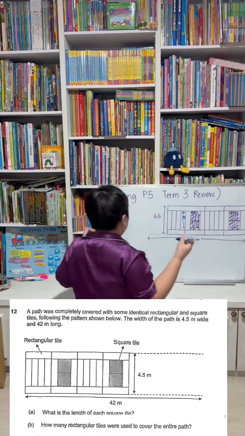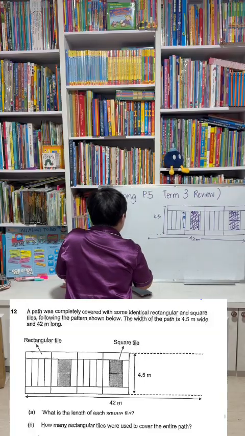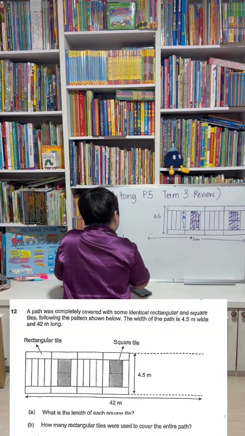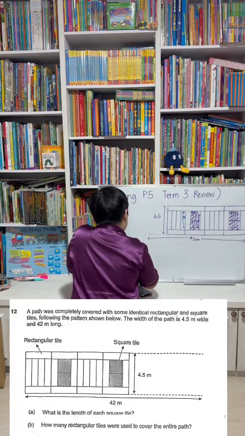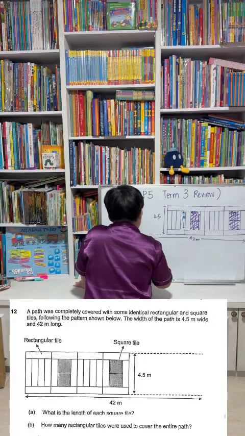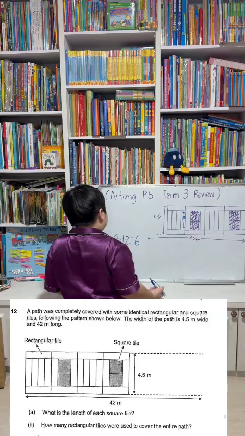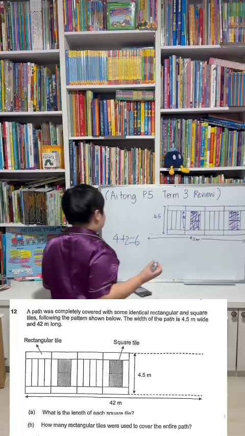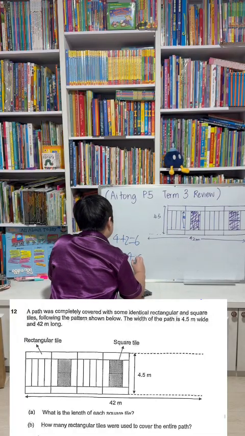So we can find how many units is this 4.5 by doing 4 plus these 2 over here equals 6. Okay, so that means that 6 units equals 4.5.